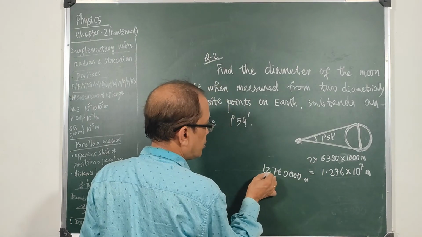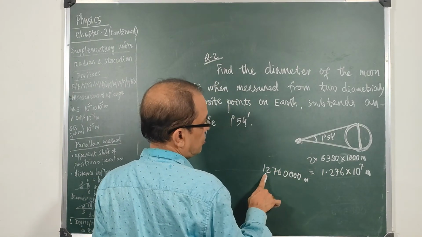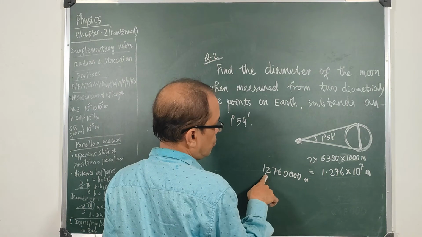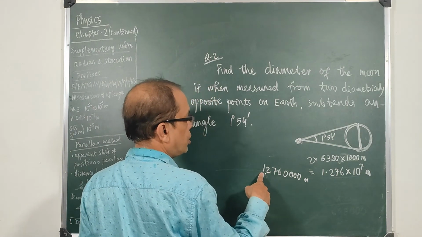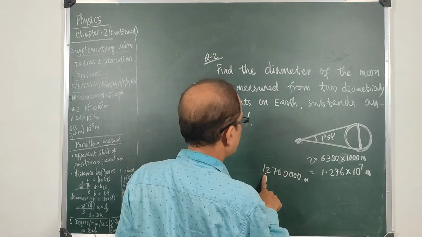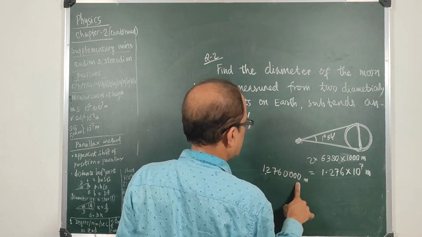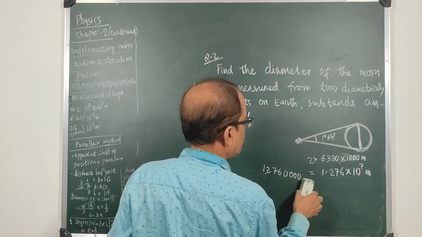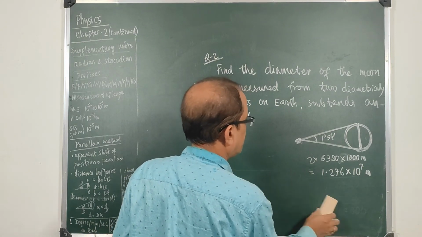For scientific notation you keep the value between 1 and 10, with one digit before the decimal. So this is 1.276 into 10 to the 7 meter.